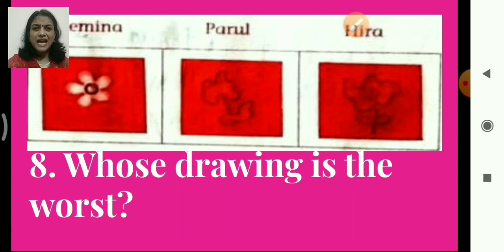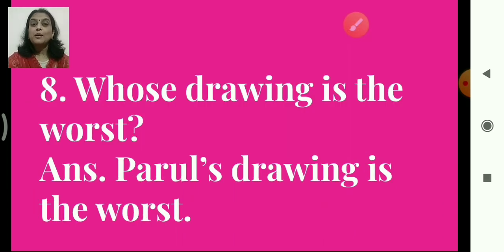And because of that, it is looking shabby, right? It's not looking good. Untidy work it is, isn't it? So, what do you think now? Parul or Hira? Yes, it is Parul. So, Parul's drawing is the worst, isn't it?